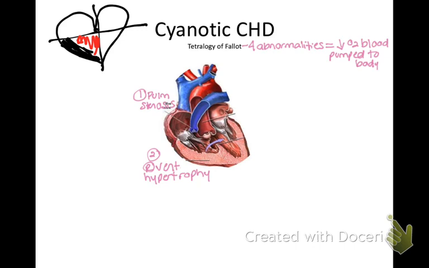All right? Now remember I said it's all about supply and demand and cardiac output. Cardiac output is the amount of oxygenated blood going out to your body. If I don't have the normal 4 to 6 liters going out, that means my tissues aren't getting the amount of oxygenated blood they need to function. So if my brain's not getting enough oxygenated blood, I'm going to be confused and agitated and irritable, right?